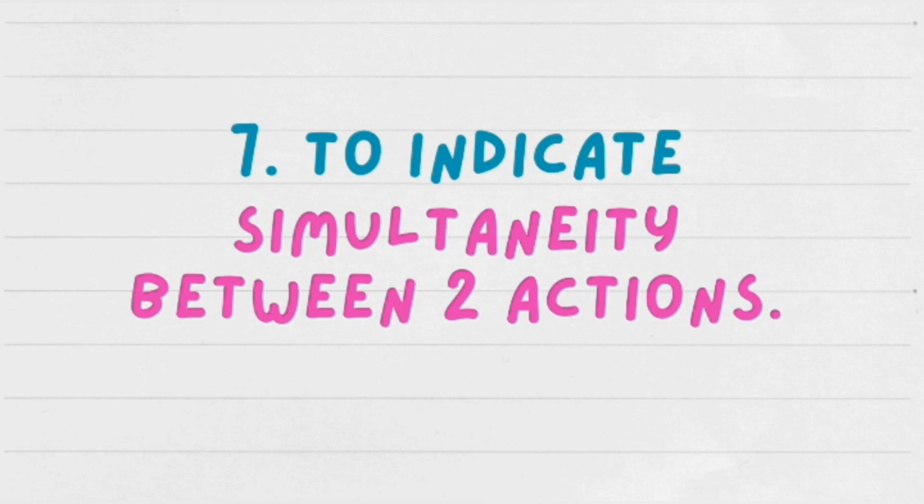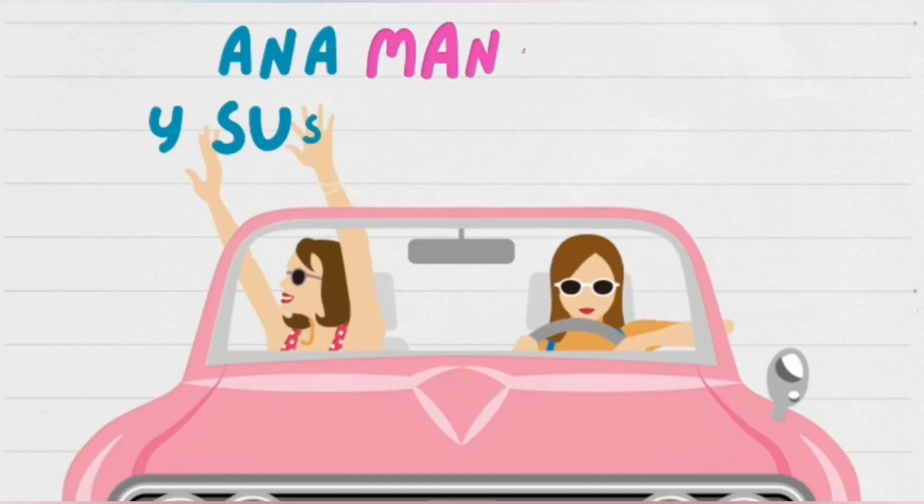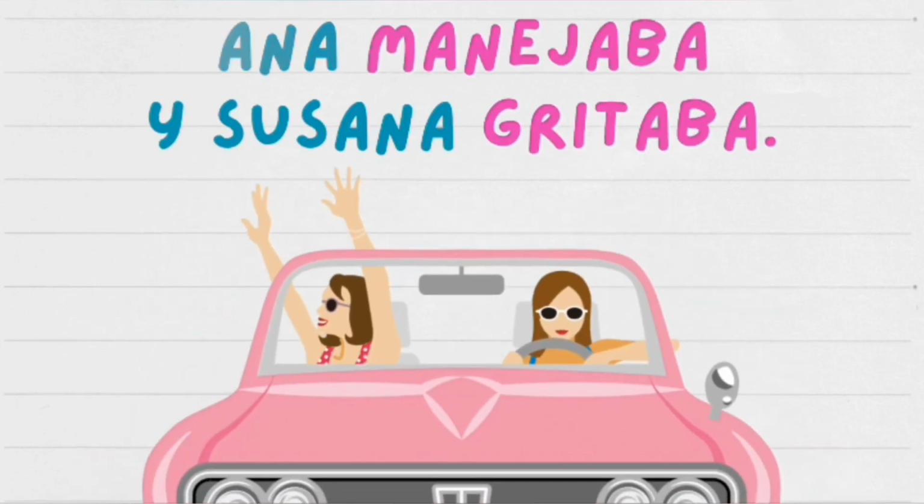Now let's see case number 7, okay? We have to use the imperfect past to indicate simultaneity between two actions, okay? Let's see some examples so you will understand this. So here we have this sentence. Ana drove, Ana manejaba, and Susan shouted, y Susana gritaba.